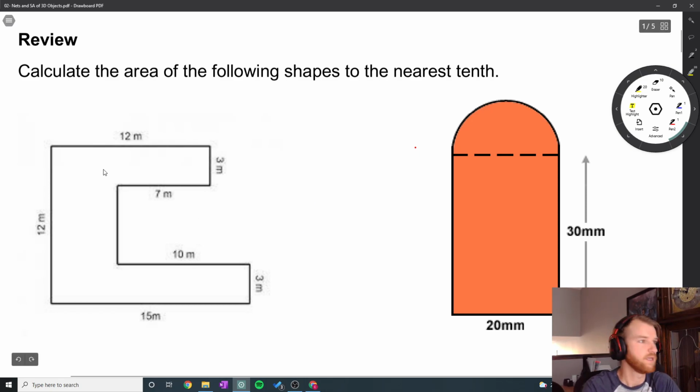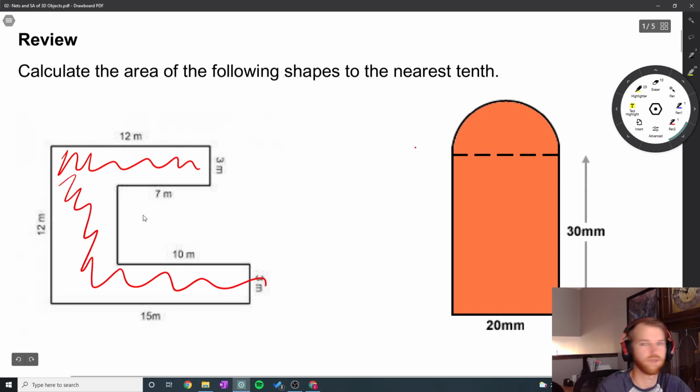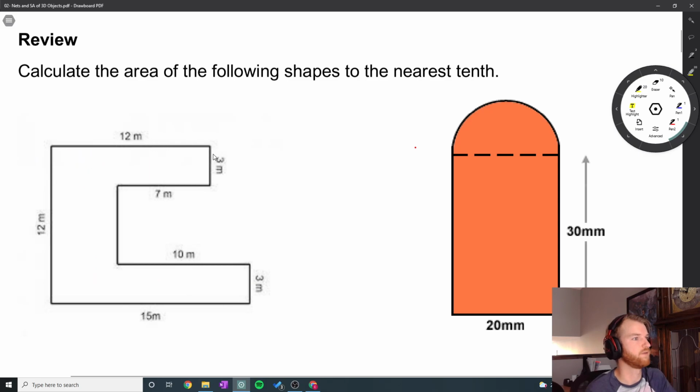So it's saying how much space is inside of this shape. If we were to color all of this in, and if each one of these is a meter, this would be a meter squared, a meter squared, a meter squared, and we would talk about how many of those little boxes would fit inside here. So that's what we're doing when we're finding surface area.